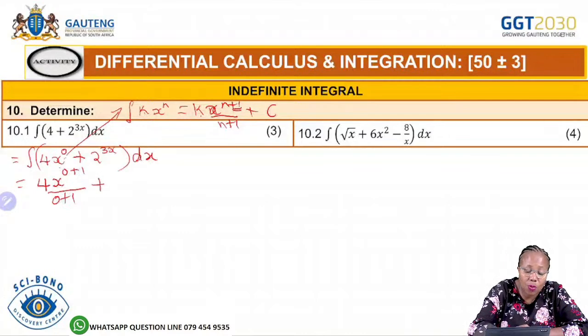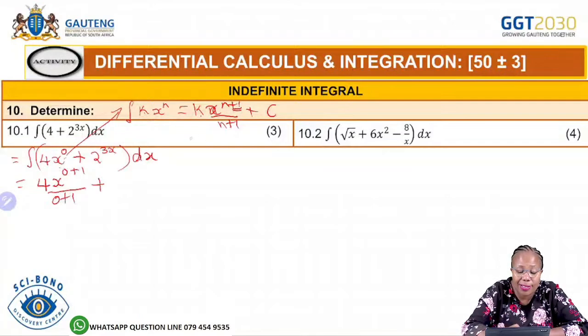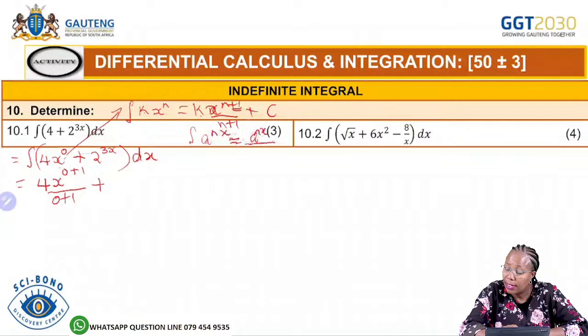And then this one has a relationship with the one that says the integral of k times a to the power nx. You still remember that? If you integrate this one, you will end up with a to the power nx, and then below it will be n ln a.